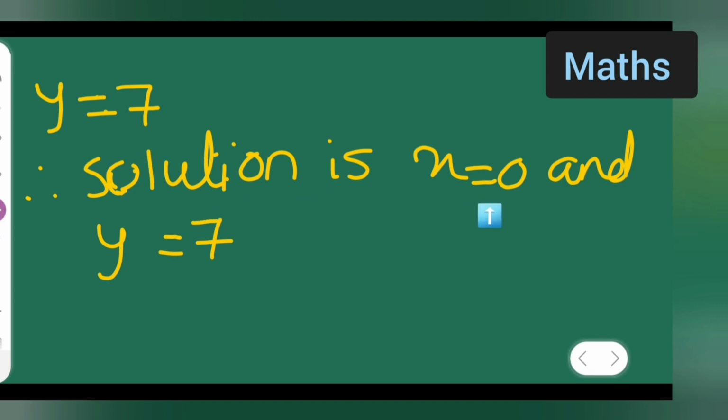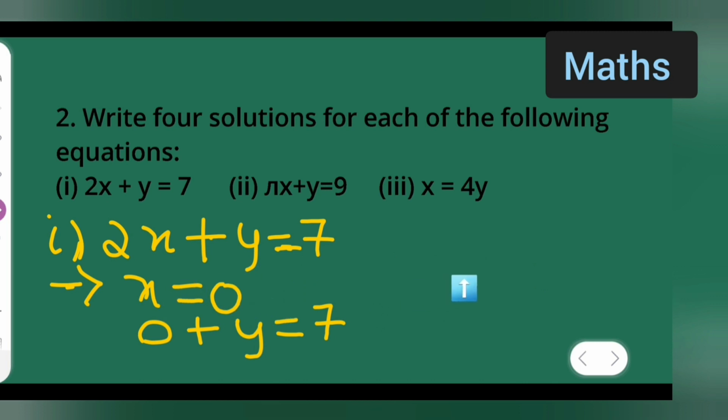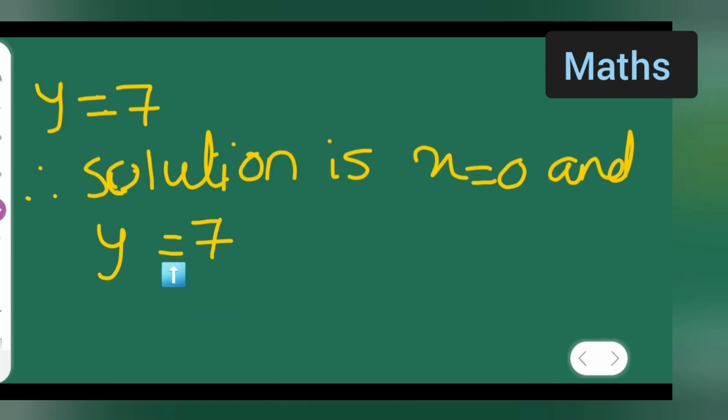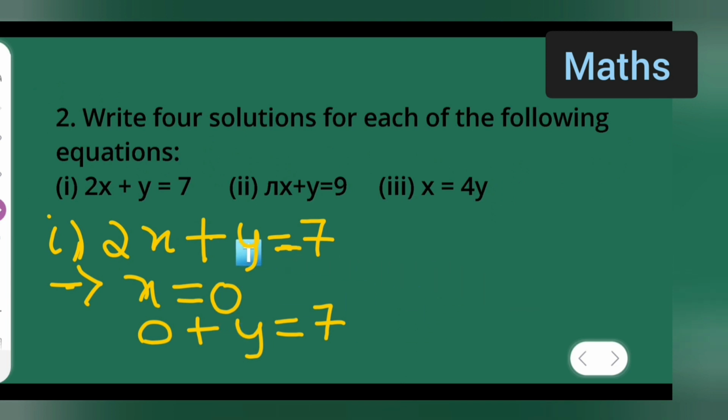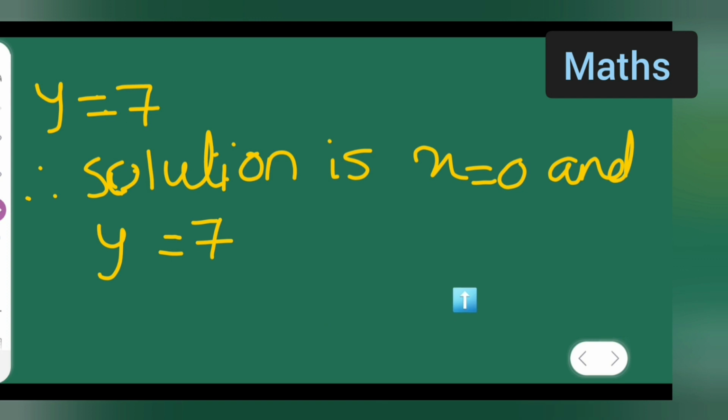So solution is what we have taken over here, x to be 0 and what we got, value of y to be 7. I hope you all have understood. They told us to write four solutions. So we are done with the first solution.